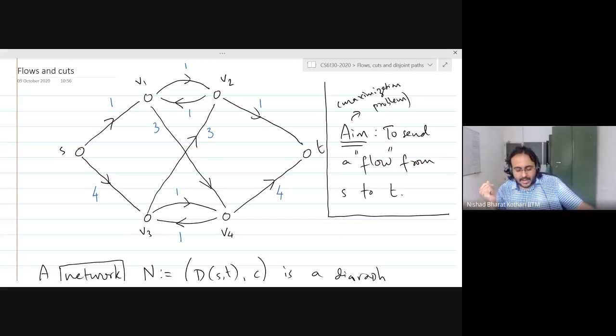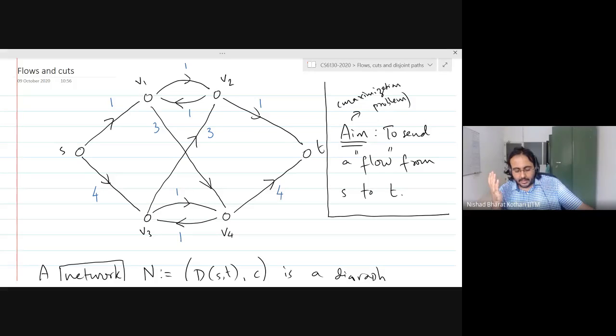And in order to do this in an optimal fashion, they need to solve lots of flow problems. Of course, they may not be exactly the kind of flow problems we are discussing. They might have even more complicated flow problems, which might be somewhat non-linear.